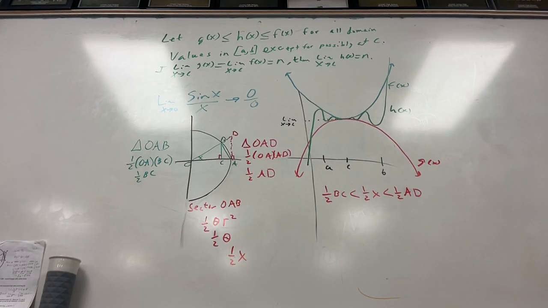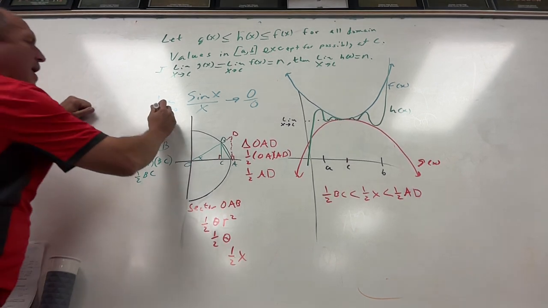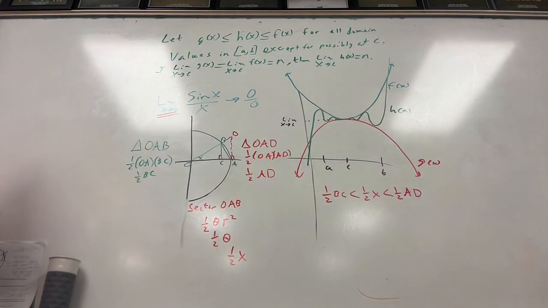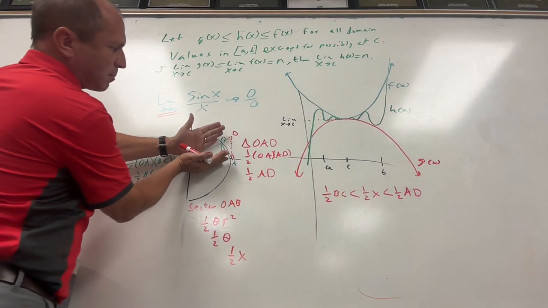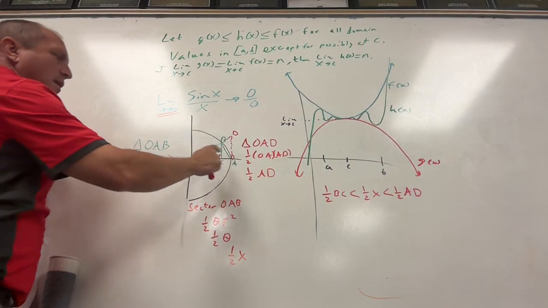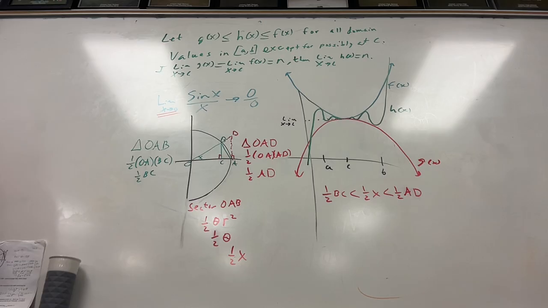Good deal. Now, one other thing to consider here. We're talking about this limit as x approaches 0. So what is happening as x approaches 0? What's happening to the areas of the triangles and the sector?